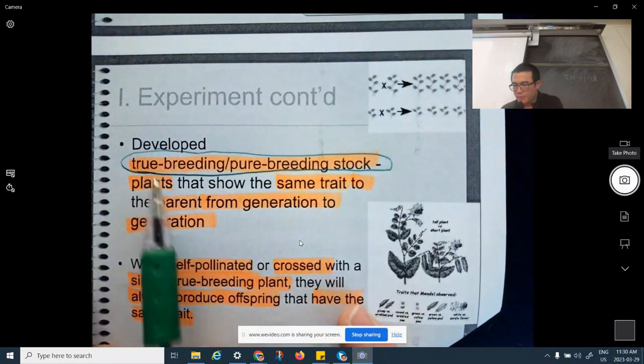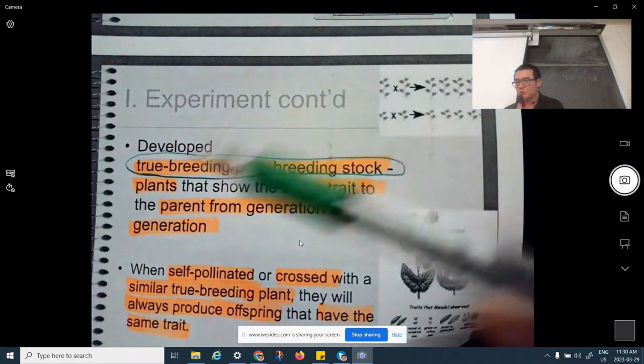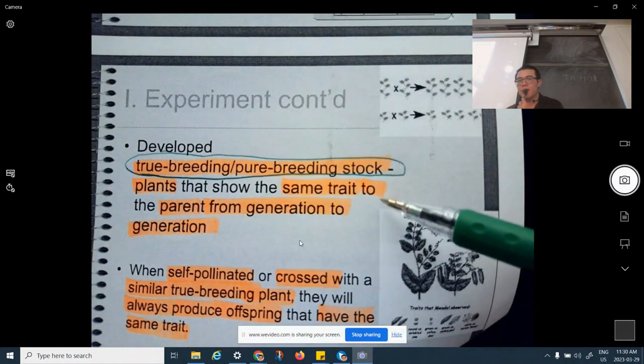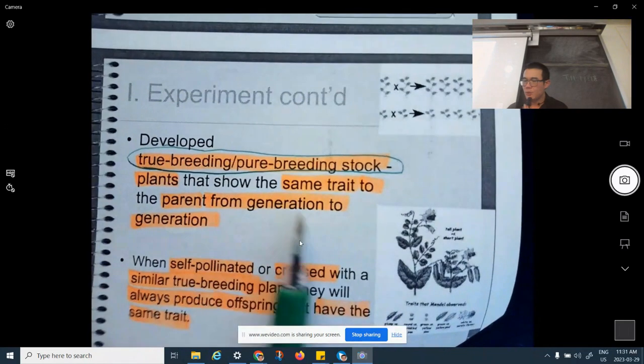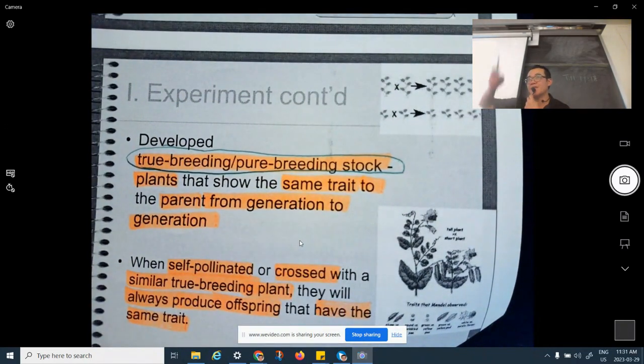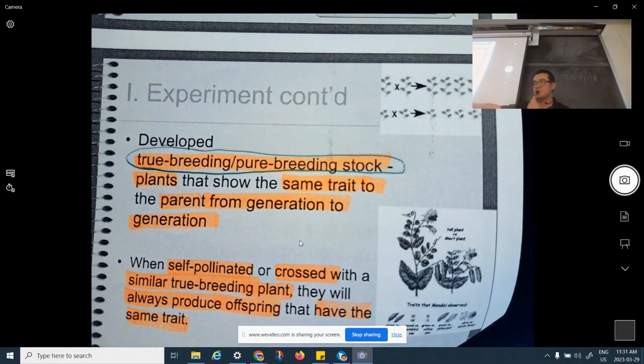When you talk about developing a true breeding or pure breeding stock, you are basically talking about plants that will have the same trait from parents to offspring for many, many generations. True breeding stock or pure breeding stock means they are purebred. Generation wise, they will always have certain conditions that are the same.